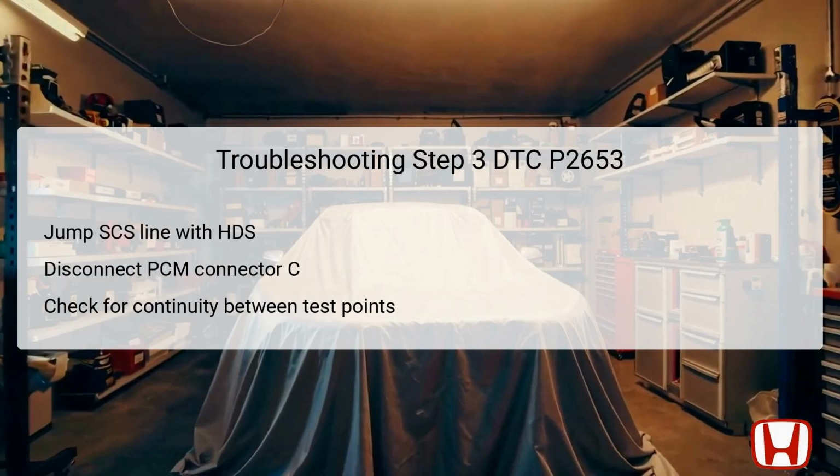The third diagnostic step involves checking the wiring continuity associated with the rocker arm oil control solenoid B. First, utilize the HDS to jump the SCS, service check connector line, allowing the system to enable diagnostic checks. After waiting for more than a minute, disconnect the PCM connector C, which has 51 pins.